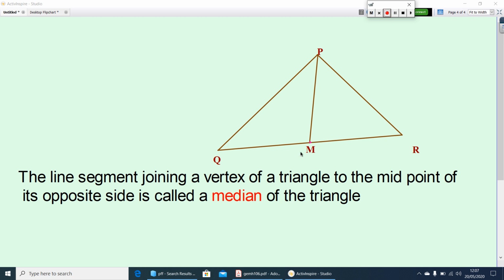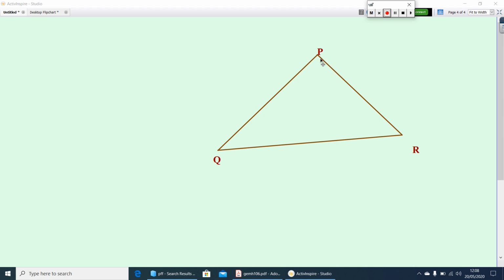This you already learned in the first class of this chapter. Since M is the midpoint, QM and MR are equal. And in the last class you studied that in a triangle PQR, if you add any two sides, that is PQ plus QR, it will be greater than PR.